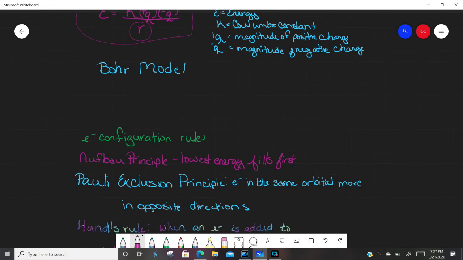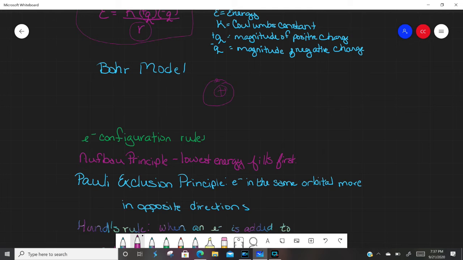A Bohr model. A Bohr model is, and we drew these and I don't think we talked about what they were called. If I had hydrogen, there is 1 proton in the nucleus and then 1 electron.